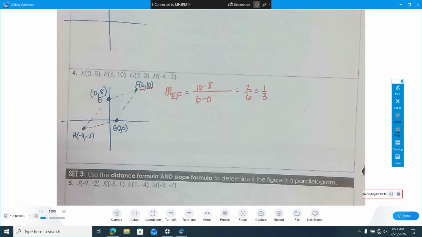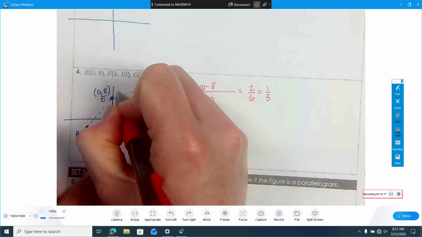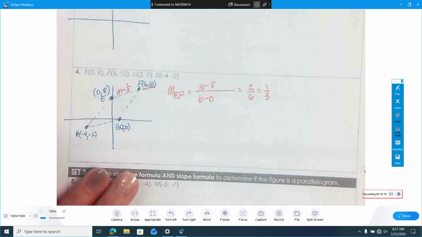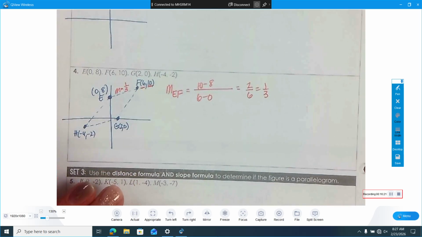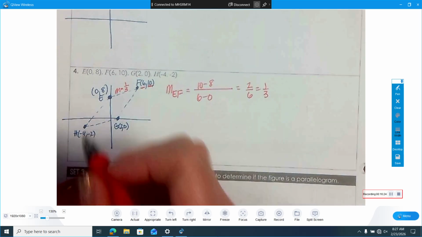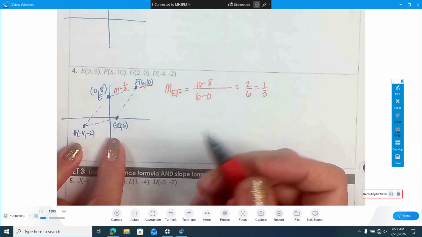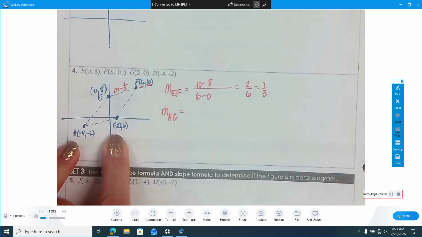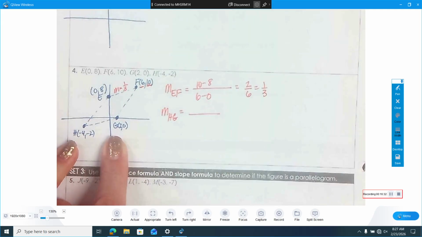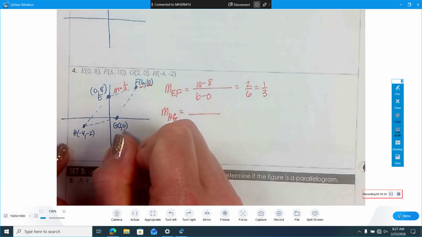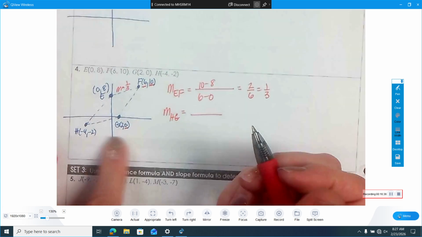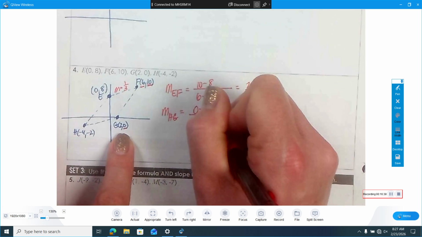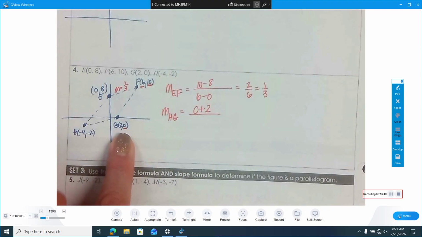Oh, that's pretty easy math right there. Yeah, so here we have a slope of 1/3. What line do I need to compare that to? Yep, so I need to look now using H and G. So my slope between H and G, again, is just a fraction. I'm going to do my y2 minus y1, so this is going to be 0 minus a -2.